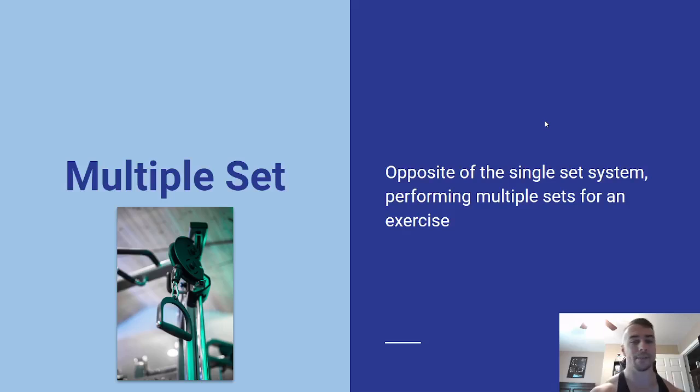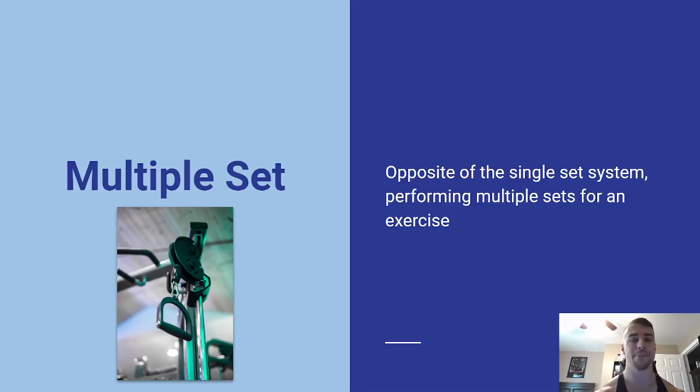Okay, multiple set. Multiple set is pretty easy to understand. It's the complete opposite of the single set system. With a multiple set, you're doing multiple sets of any particular exercise. This is pretty much what I do when I train. Pretty common for beginners would be 3 sets of 10 to 12 reps.